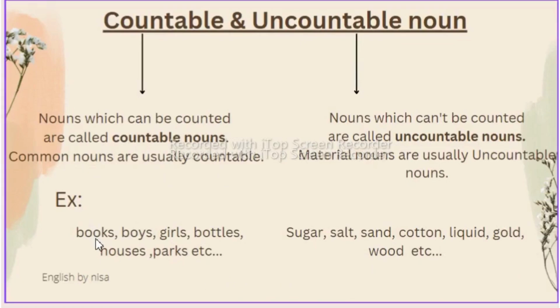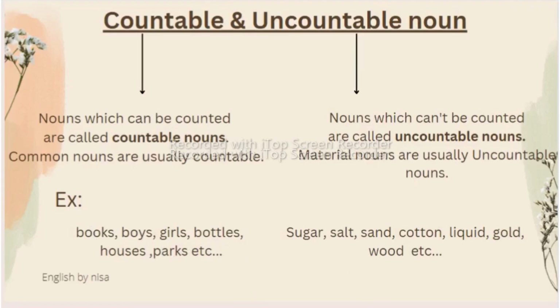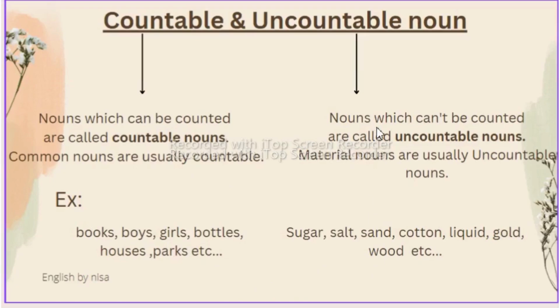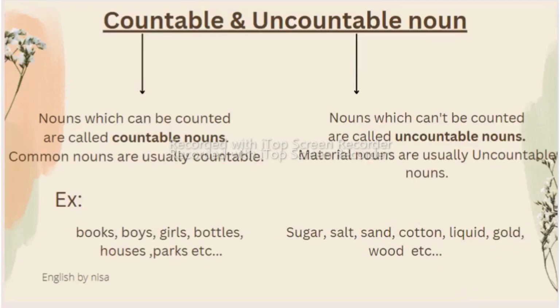So countable nouns are words like books, boys, girls, bottles, all the common words. And uncountable nouns are the words which cannot be counted. So these are called uncountable nouns. Like material nouns are usually uncountable, like sugar, salt, sand, liquid, gold, paper, cotton, etc.